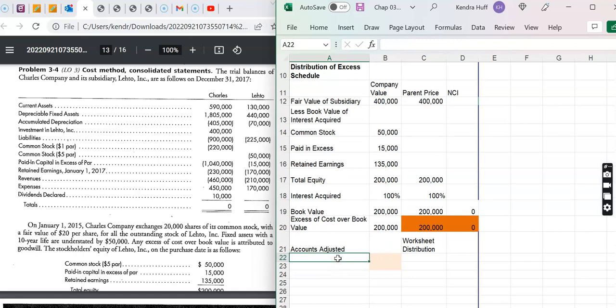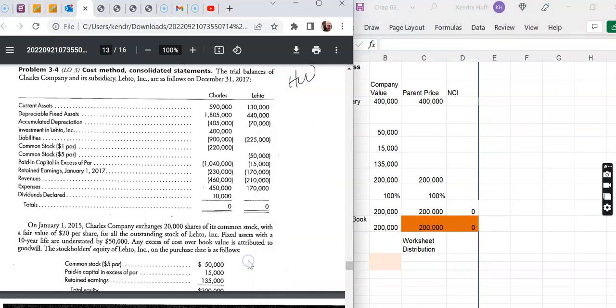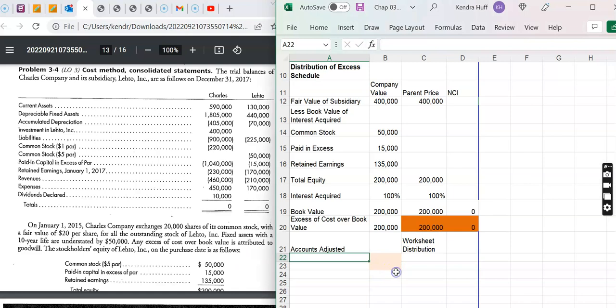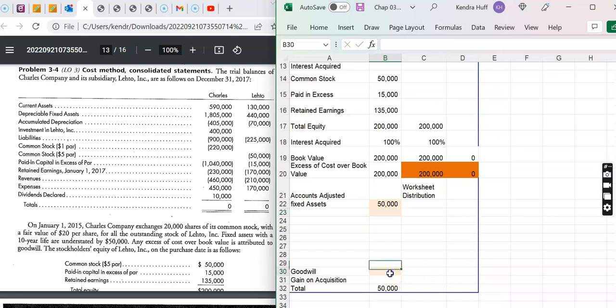This is going to be fixed assets, $50. So that means goodwill has to be $150 to make it balance out.